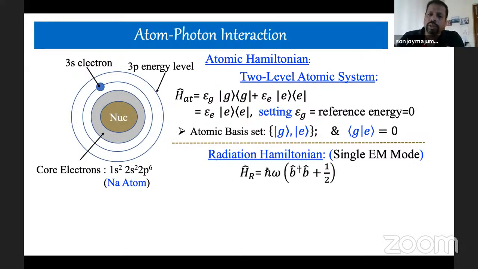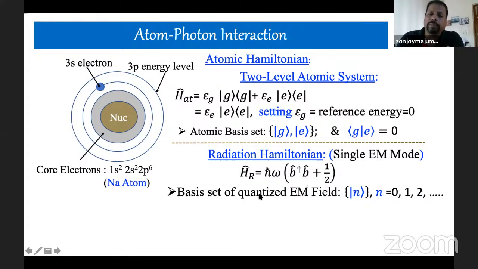Then the Hamiltonian for the radiation is H cross omega, where omega is the frequency of the light, times the number operator, and we associate the operator B with the radiation. So we have B dagger B plus half. Here the basis will be the number states, which can make a complete basis, with n equal to 1 to infinity.